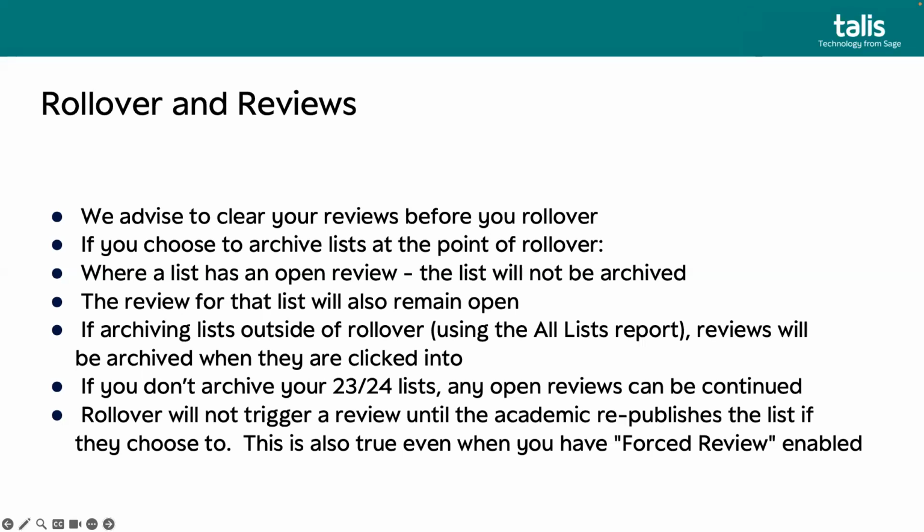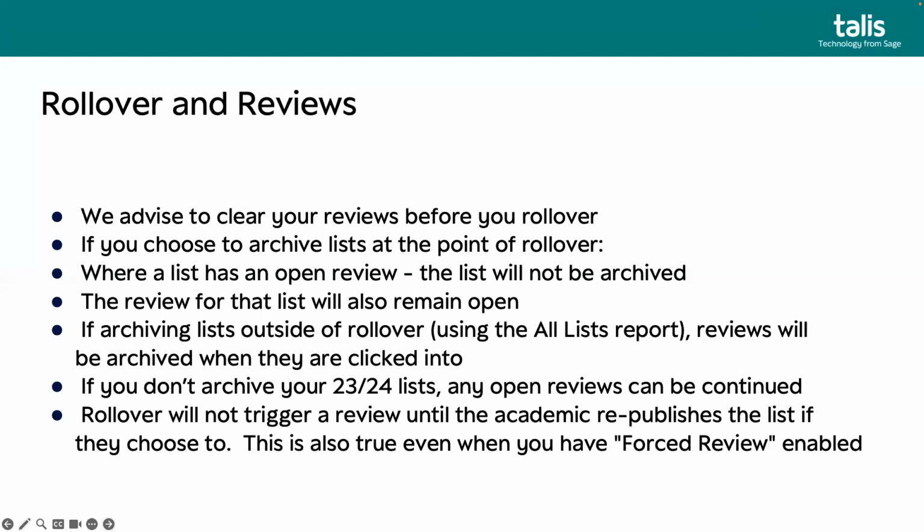So yeah, ideally you will be clearing your reviews before you roll over. However, if you don't manage to get to that position, and you choose to archive your lists at the point of rollover, you can see, as it says there, where the list has an open review, the list will not be archived. So you've got list ABC123, which has currently got an open review.